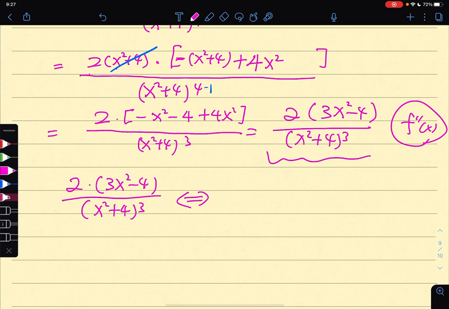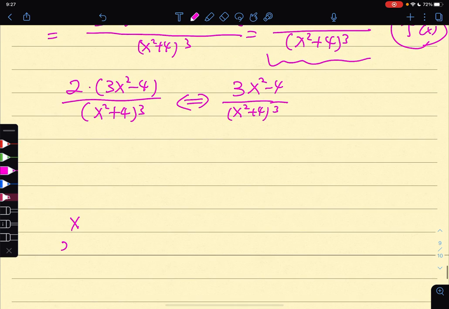So those two expressions share the same sign. They will be positive at the same time. They will be negative at the same time. Just like x and 2x, they are both positive whenever you choose x being positive. They are both negative whenever you choose x being negative. So they always share the identical sign.